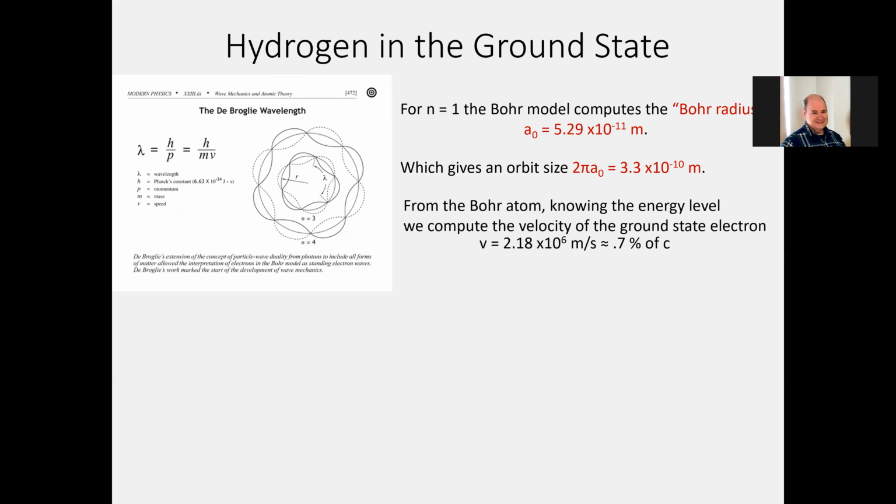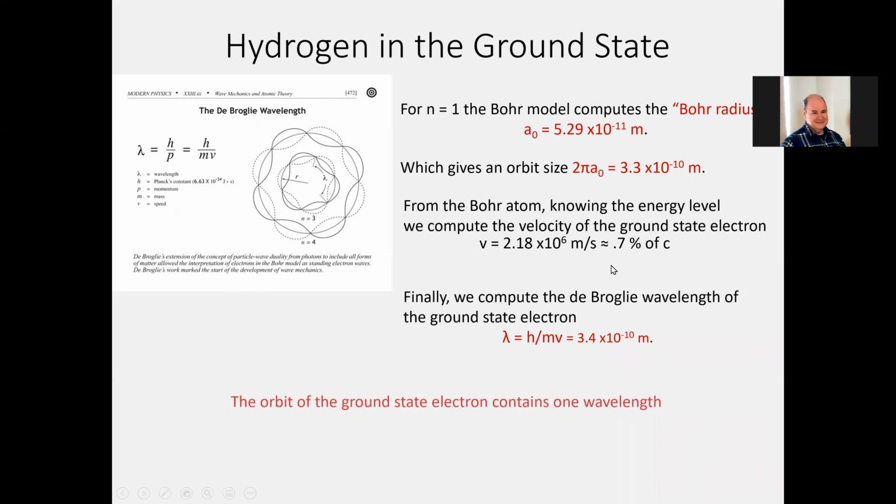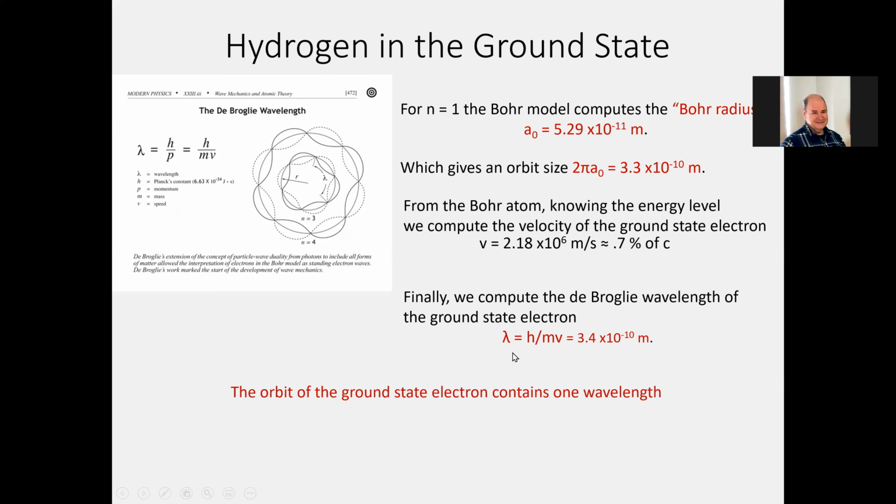Well, again from the Bohr model, you can get the velocity of the electron in the ground state, and therefore you can get the momentum. And so you can calculate the de Broglie wavelength. And when you calculate the de Broglie wavelength of the ground state electron going with this momentum, son of a gun, you get exactly one de Broglie wavelength. These numbers are virtually the same.